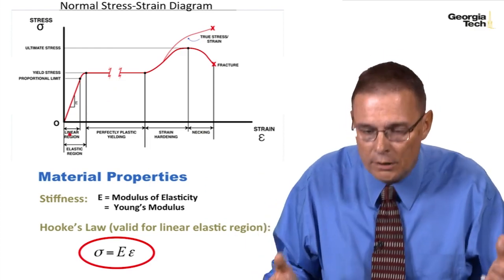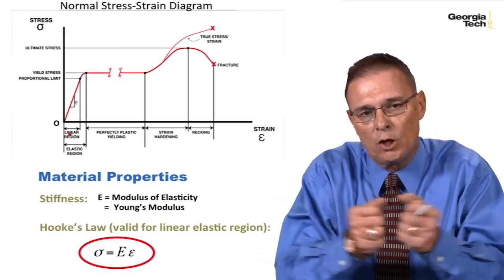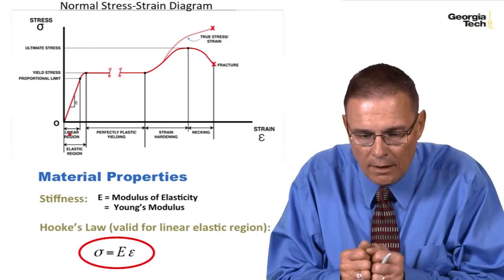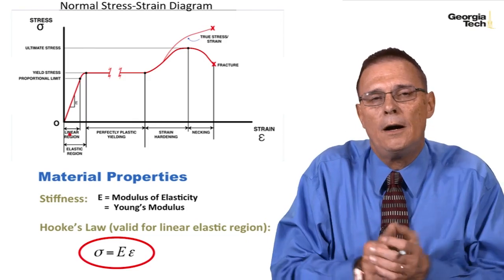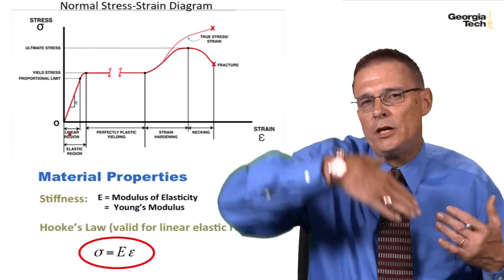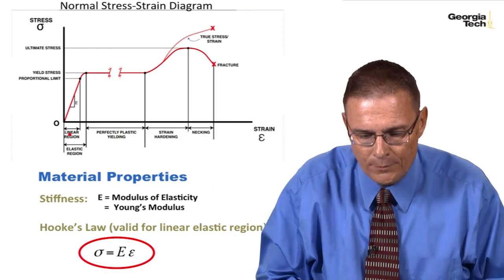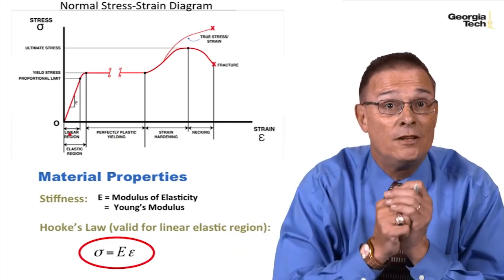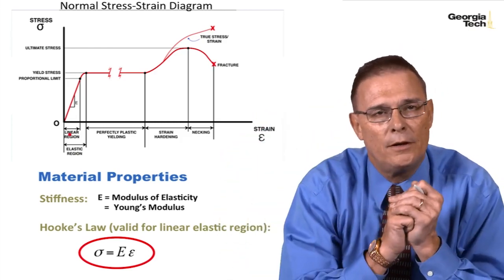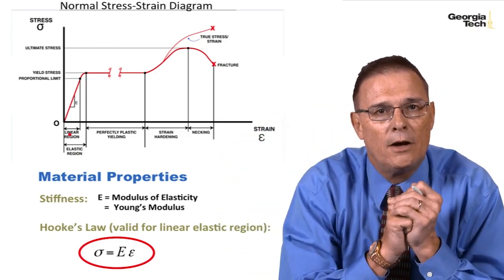Human bone or cartilage would be a little bit higher stiffness, and then maybe concrete, and then you get into your metals like aluminum, and then copper and steel have a little bit more stiffness than aluminum, up to things like tungsten or graphene, and finally a really stiff material as an example would be a diamond.